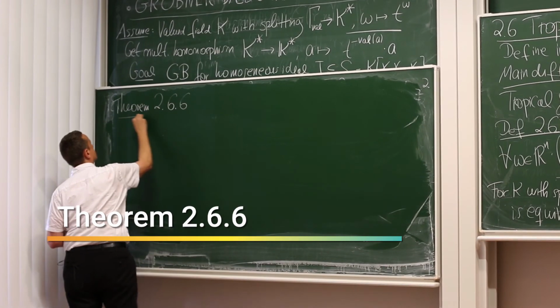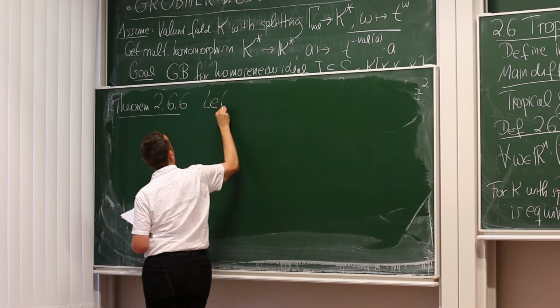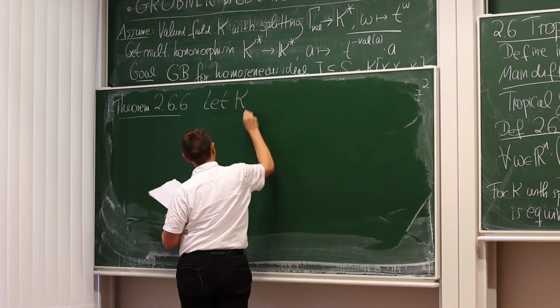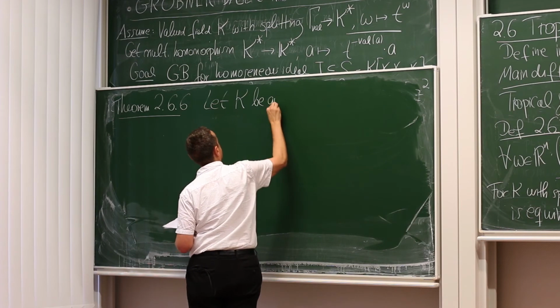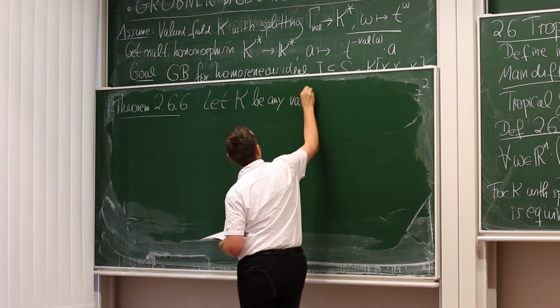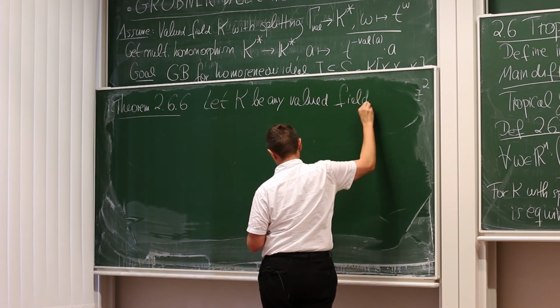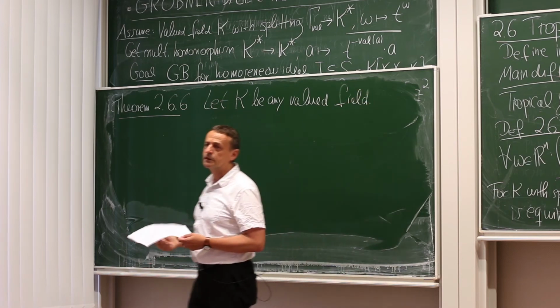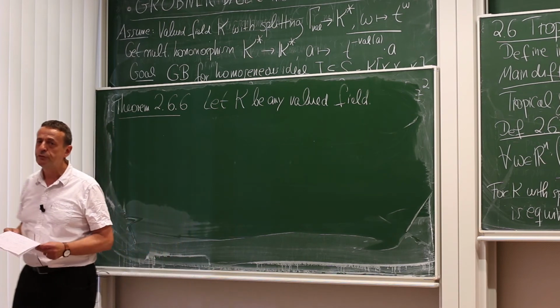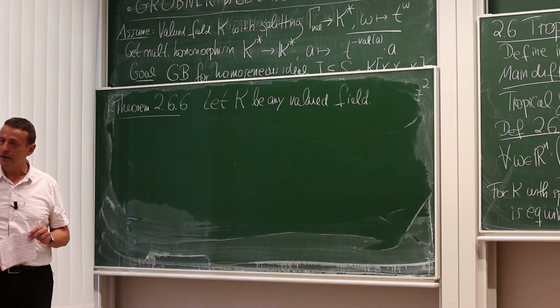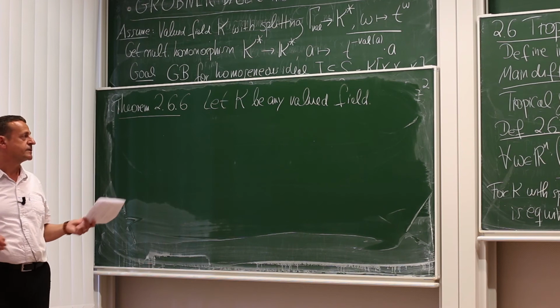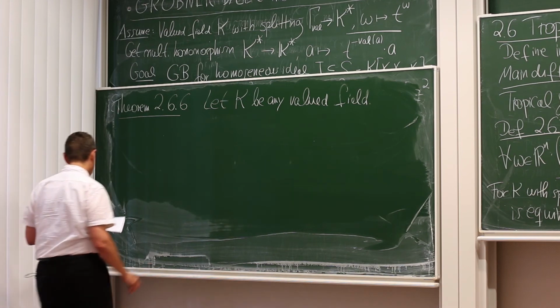Theorem 2.6.6. And now there are no hypotheses on the field, so K is any valued field. It was important to get these results in chapter 2 for arbitrary valued fields, to develop the theory of Gröbner bases and tropical bases at this level of generality.